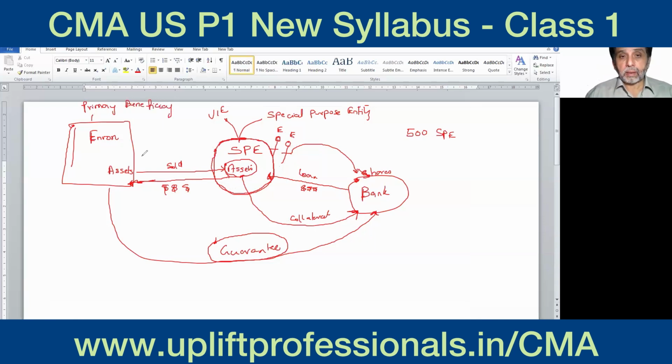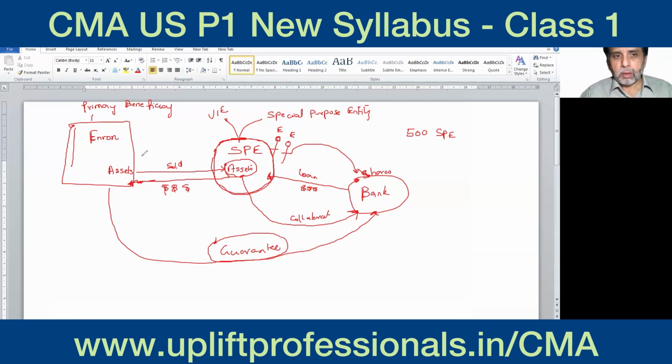primary beneficiary. The accounting rules changed because they were deceiving the shareholders in this way by showing a lot of stuff off their balance sheet and getting financed. So their debt equity ratios showed fantastic. There was no debt. So they could get further financing from banks if they wanted because their balance sheet looks pretty.